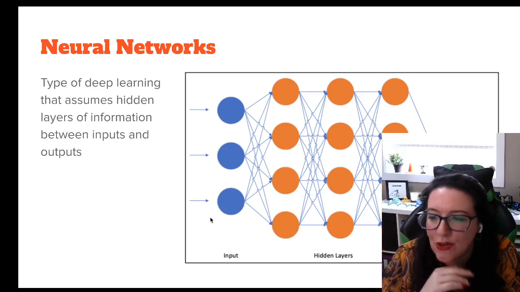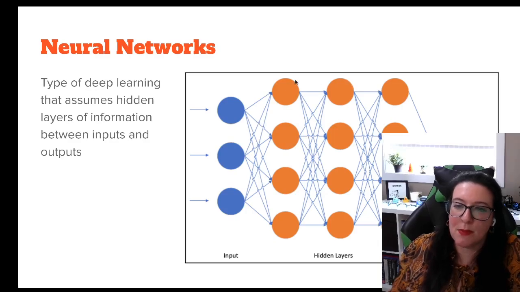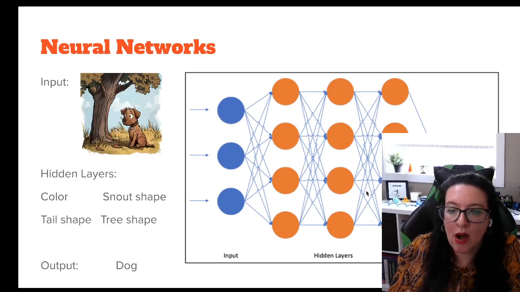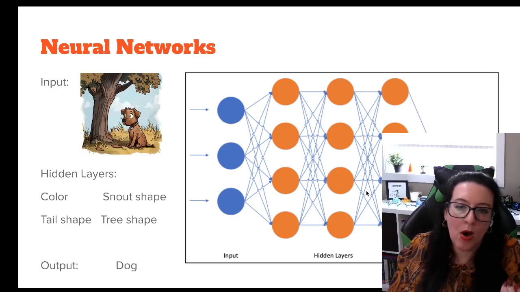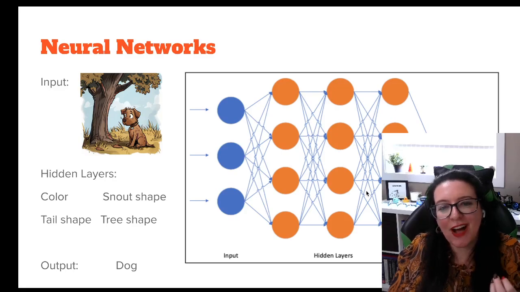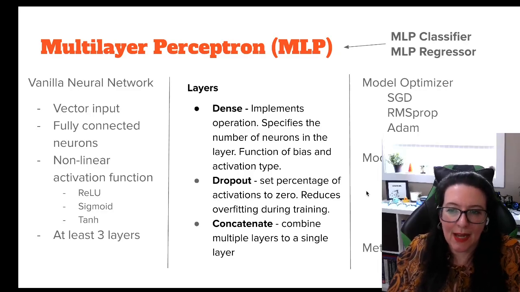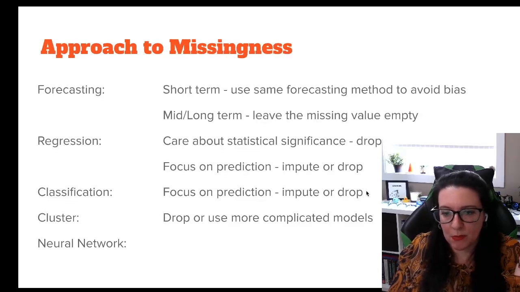That supervised learning method, we're just assuming that there's some additional hidden layers and relationships in between. So it's a more complicated model. It's able to find patterns the others aren't because it's a bit deeper. That is assuming you're not just doing a multi-layer perceptron, which is, again, just a classification or a regression model.